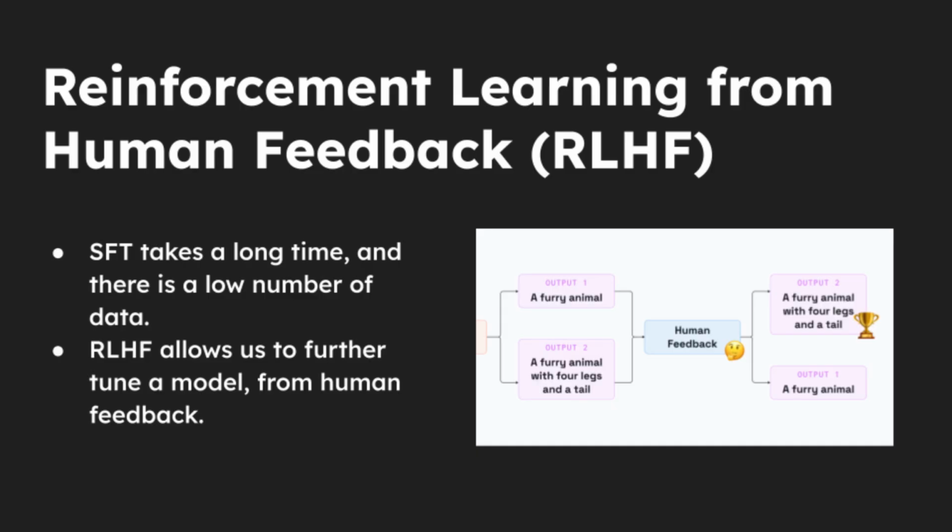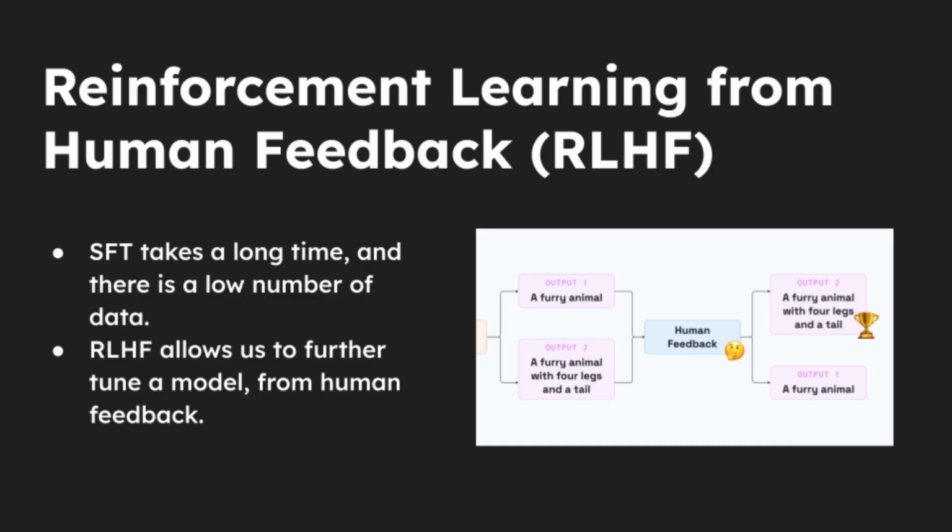If you think about it, it's a lot less expensive to have the model generate multiple responses and have people rank them, this one was the most informative, this one was the least informative, and in that way teach the model the best responses. That's a lot less expensive than literally writing what you believe to be the best response every single time. So we fine tune a little bit using supervised fine tuning, but then we go towards a method like this.